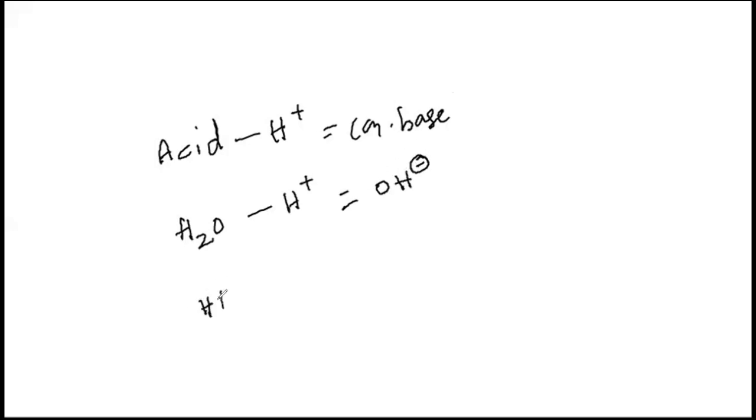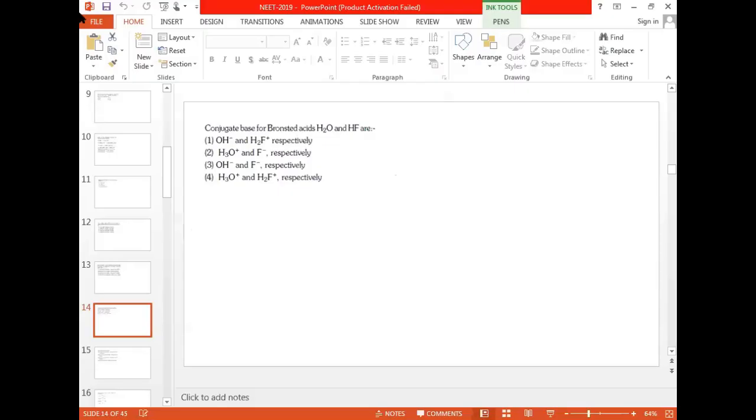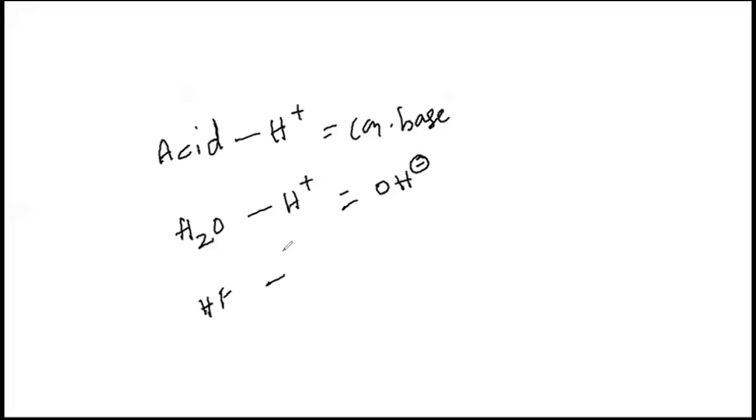And the other one, HF minus H plus. If you take HF minus H plus, what will happen? F minus. Very good. Sometimes this pen option also will give trouble to us. That is the reason we should go and come back to the questions again.